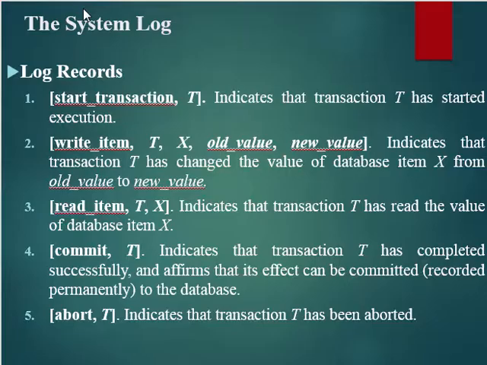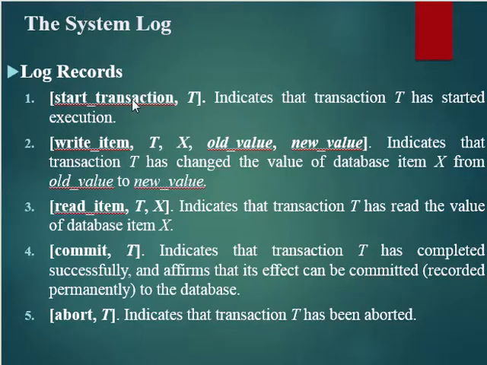By traversing through these records, we can identify what all operations a particular transaction has already completed, and in case of failure it can roll back all these operations, or in some cases it can redo those operations. So we can see the types of records which we store into a system log.